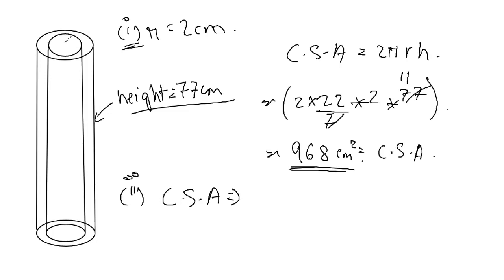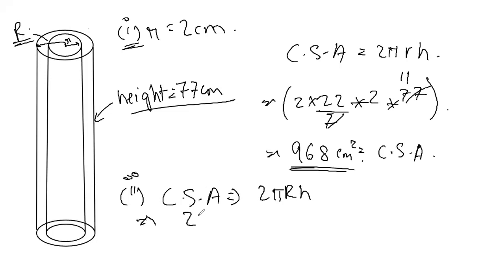So I'll just note it down. This is the small r, the inner radius, and this is the outer radius, the capital R. So for the second question, CSA is equal to 2 pi RH, with capital R. Then we substitute the values.